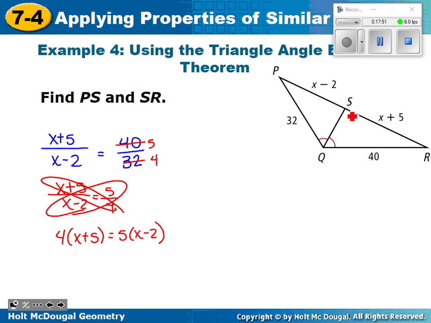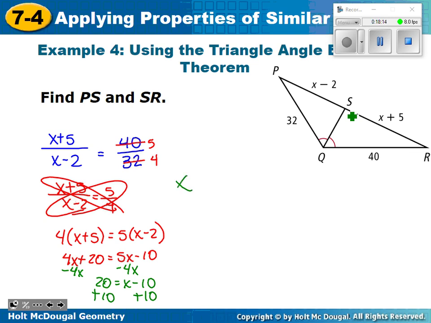Don't forget to distribute. You should get 4x plus 20 equals 5x minus 10. Did I lose anybody there? Okay. And then from there, you can subtract your 4x. And so we have 20 equals x minus 10, and then add 10.